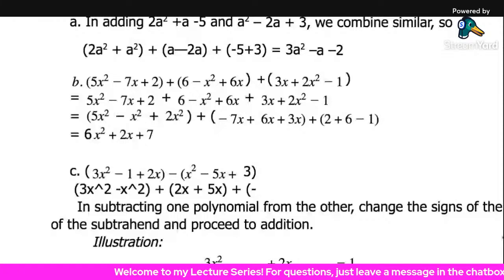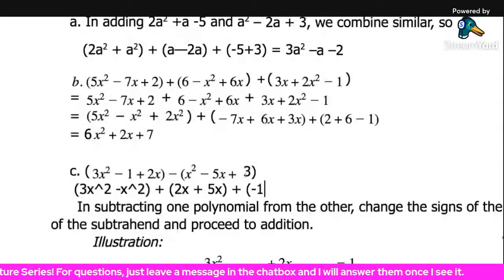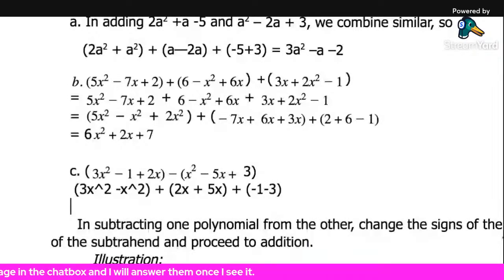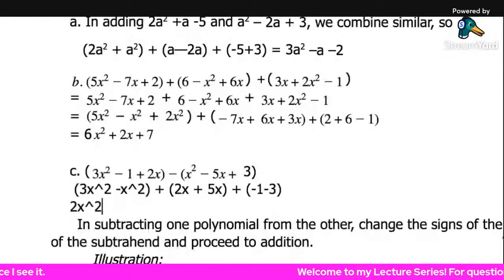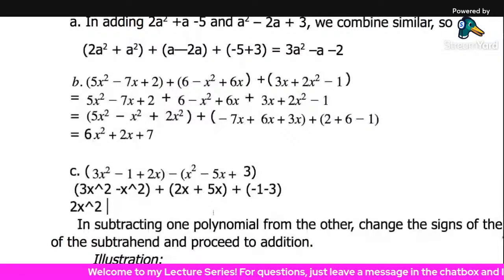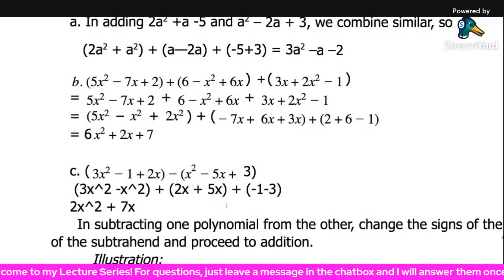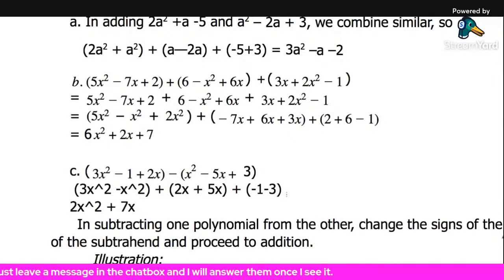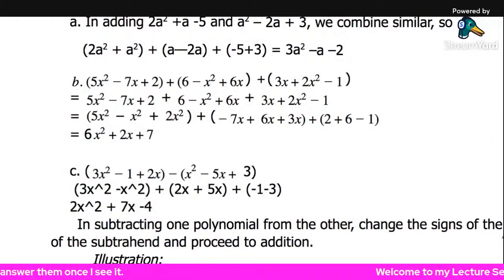Negative times positive 3 will be minus 3. So if we simplify this, 3x squared minus x squared will give you 2x squared. 2x plus 5x will give you plus 7x. Then negative 1 minus 3 will give you negative 4. So the answer should be 2x squared plus 7x minus 4.